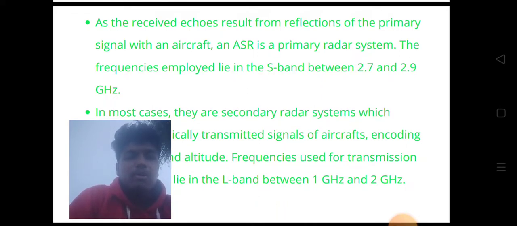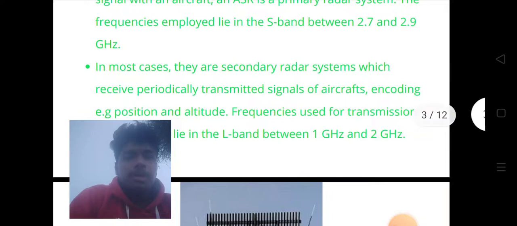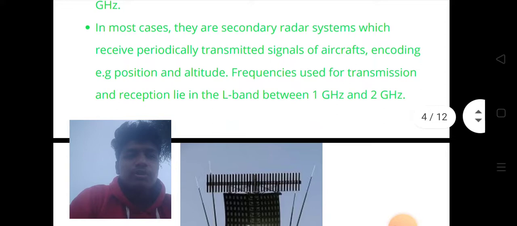Its frequencies employed lie in the S band between 2.7 and 2.9 GHz. In most cases, they are secondary radar systems which receive periodically transmitted signals of aircraft encoding, for example, position and altitude. Frequencies used for transmission and reception lie in the L band between 1 GHz and 2 GHz.